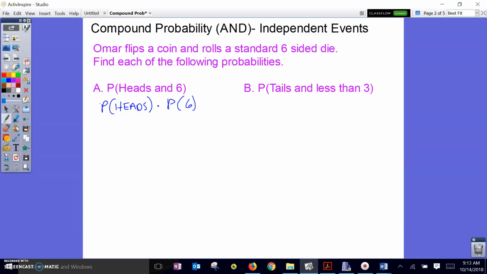So if you flip a coin, the probability of getting heads, there's one head on a coin out of the two possible outcomes. So the probability of heads is 1/2. The probability that he rolls a 6 on a die, there are 6 possible outcomes, one of which is a 6. And so to find the probability that he flips heads and rolls a 6, we're just going to multiply these two together. 1/2 times 1/6.